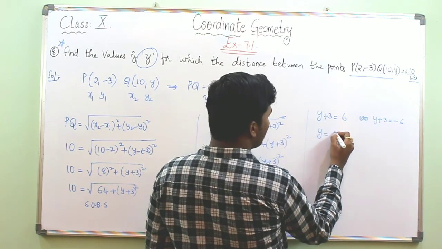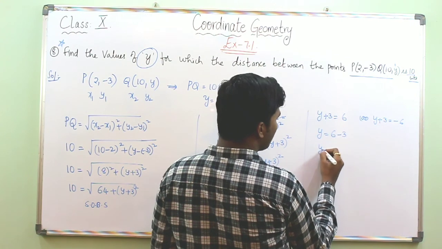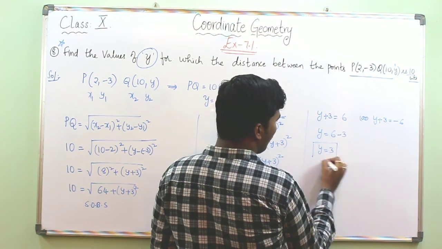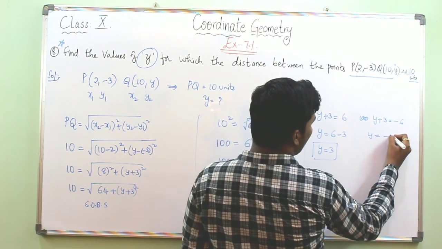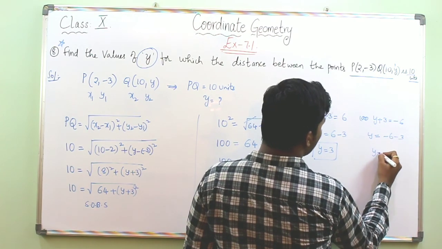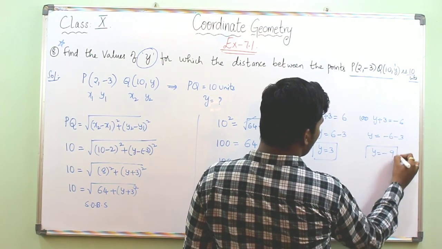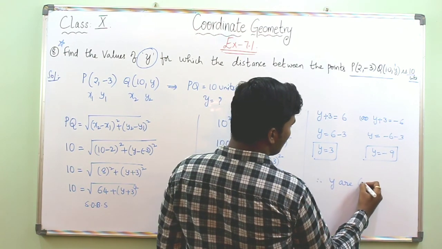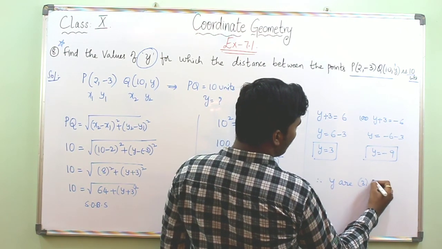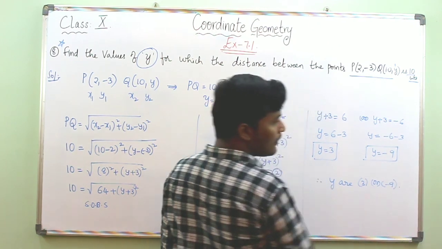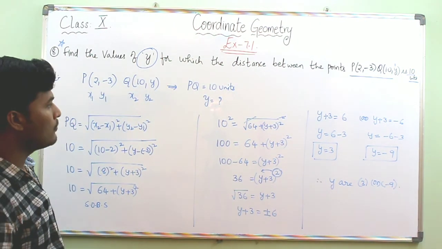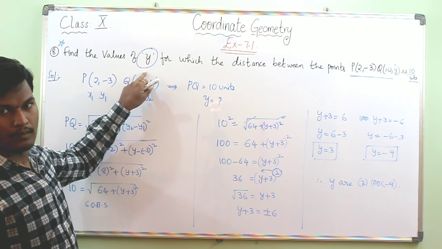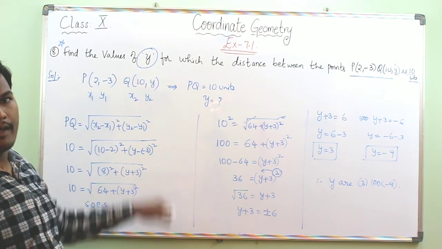Then it will become y is equal to 6 minus 3, y is equal to 3, or y is equal to minus 6 minus 3, y is equal to minus 9. So therefore the values of y are 3 or minus 9. This is how we find out a value which is missing.